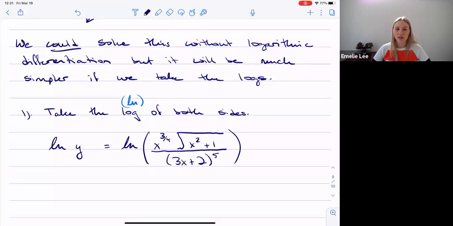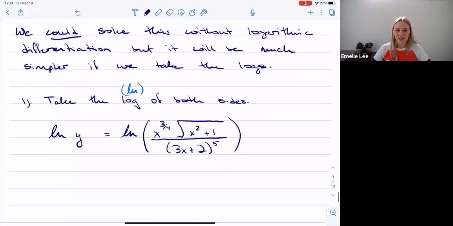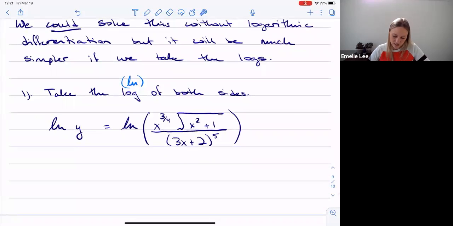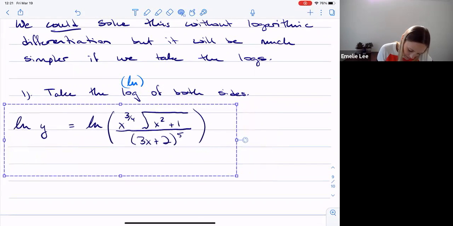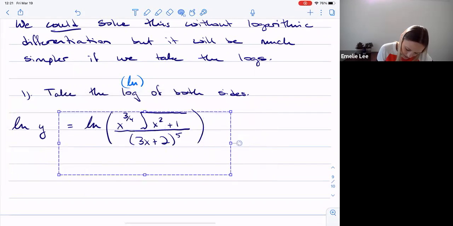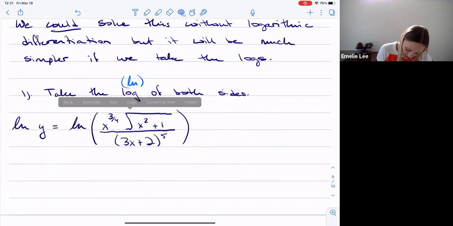Remembering our log laws, right? If we have division inside here, then I'm going to rewrite it as a subtraction of the logs, right? And maybe what I'll do is, because it's going to get quite large, I'm going to bump it over to the left as much as I can here. Should have done that already.